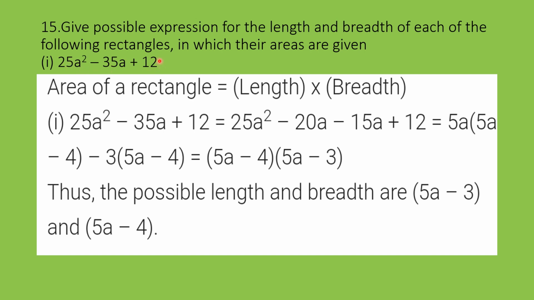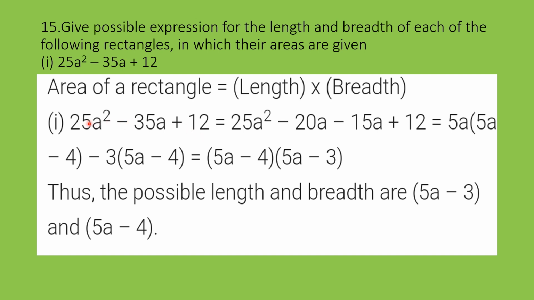That means you have to factorize the given polynomial, get two factors that are its length and breadth. Area of a rectangle equal to length multiplied by breadth. So the given quadratic polynomial, that is 25a square minus 35a plus 12, you have to factorize it.